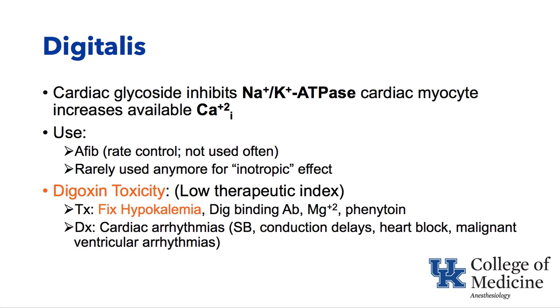One of the first things that you should do when you suspect digoxin toxicity, i.e. EKG changes and dysrhythmias, is look at your potassium level and make sure that you fix hypokalemia. There are digoxin binding antibodies that can be utilized, magnesium administered, as well as phenytoin to treat digoxin toxicity.